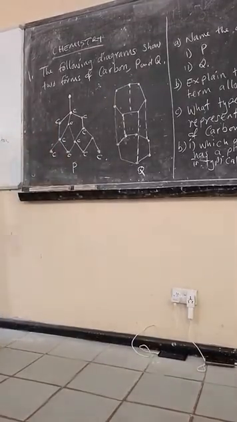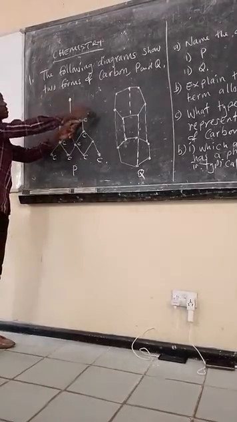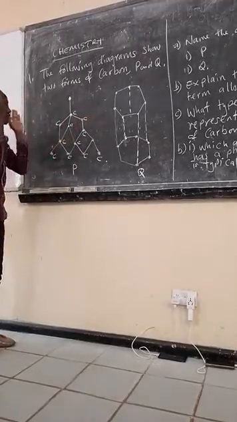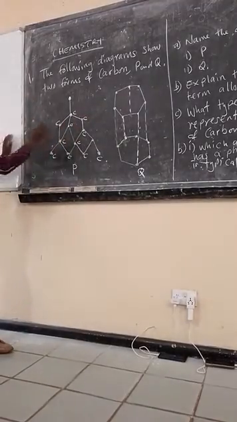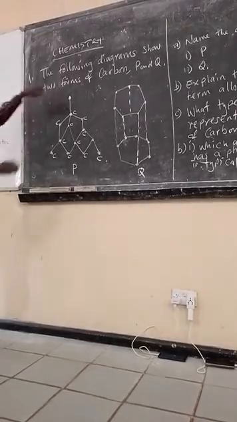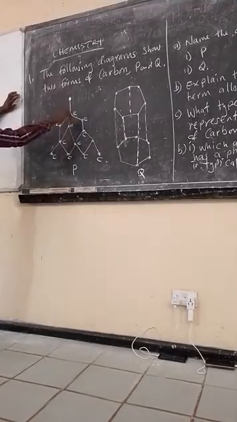Here we've just cut. This one continues. Even this one is connected to another. So it's supposed to have 4 lines, in short. So each carbon here, like this one, has 1, 2, 3, 4.